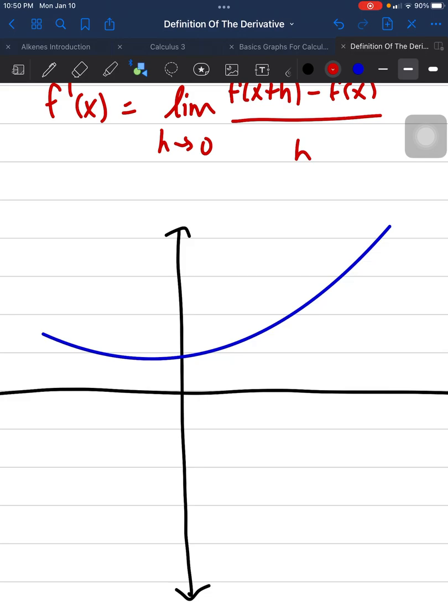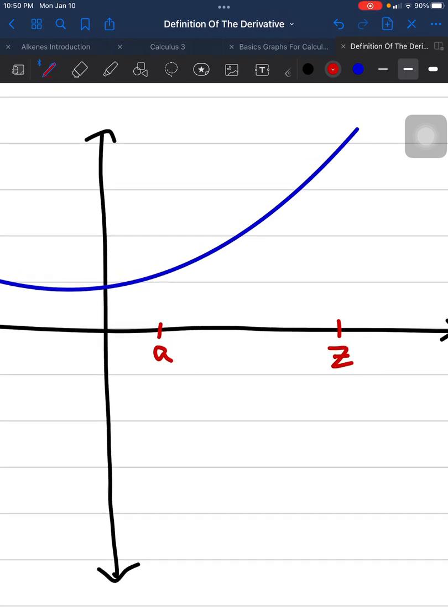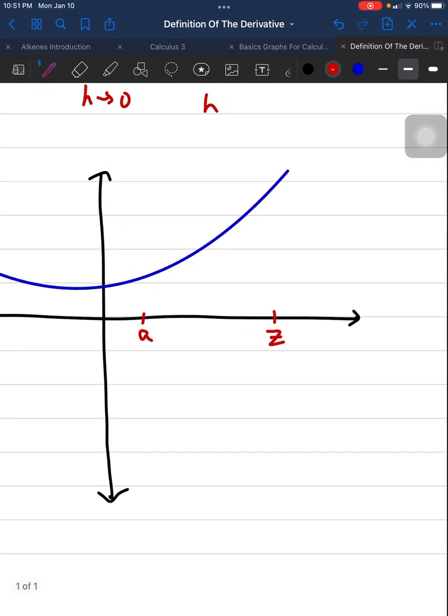I'm going to label them A and Z. So right here is point A. Right here is point Z. And I'm going to say that this point A and Z are the domain of this certain function, or a portion of the domain of this certain function.